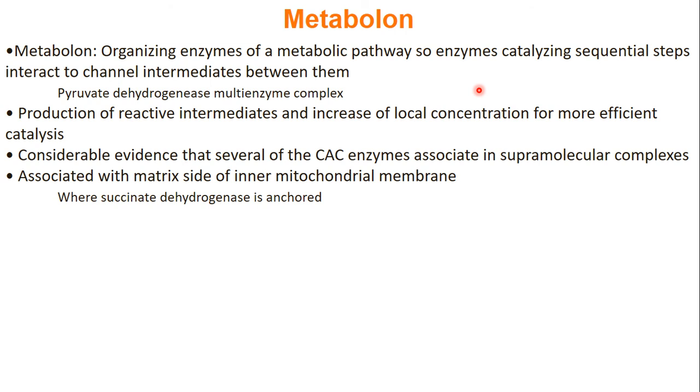We talked about this with pyruvate dehydrogenase E1, E2, and E3. This allows protection of your reactive intermediates, I should say protection, not production, so reactive intermediates aren't going to have any side reactions. Your local concentration of intermediates will also increase, which will speed up your catalysis.